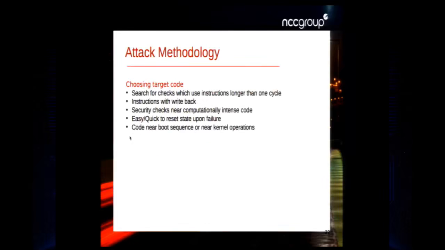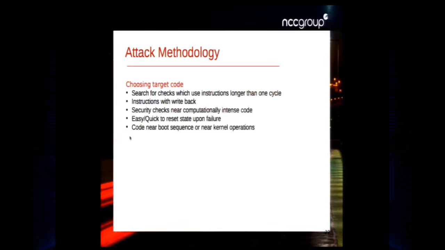So when you're choosing target code, you want to choose instructions that are typically a branching type of instruction or a security check. If you target code that's nearby computationally intense code, you might be able to make use of power traces to indicate when you're nearby that code.